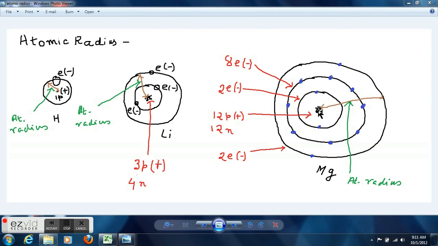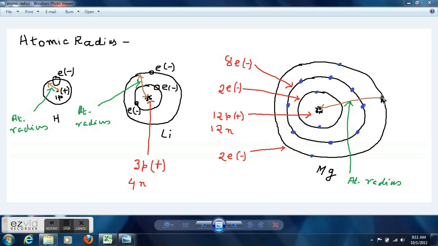Now it has 3 shells. The first shell is having 2 electrons. The second shell is having 8 electrons. And the outermost shell is having 2 electrons. In this case, the atomic radius is the distance between the nucleus and this outermost shell.